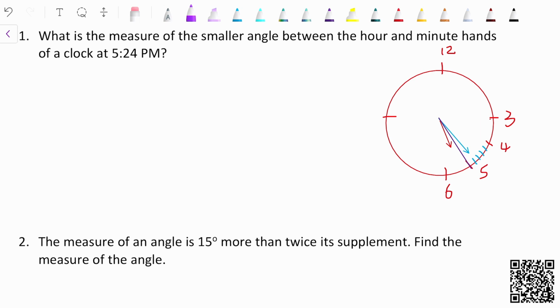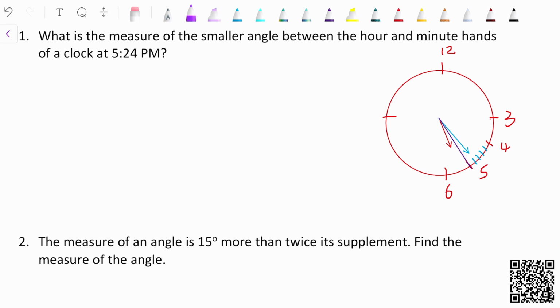So, taking that into consideration, we can first analyze how we're going to do this problem. As you can see, we've drawn a purple line across the middle to split the hour and the minute hand so you guys can see it a little bit more clearly. The blue one is the minute hand, the red one is the hour hand.